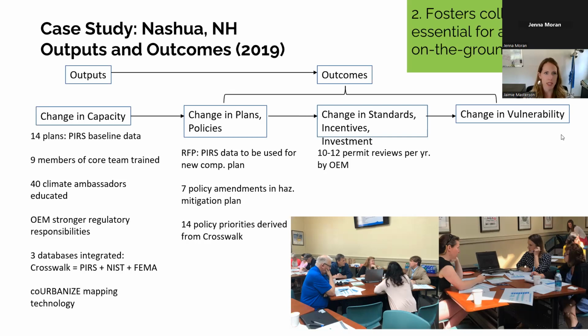And I'm pulling up this example of Nashua, New Hampshire, when we worked with them. They were very gung-ho. They had a very excited and forward-thinking emergency manager who led the way, and they looked at 14 different plans. We trained a core team of 9 different city staff and county staff who reviewed the different planning documents. And then we had separate meetings with a group of 40 what they called climate ambassadors.